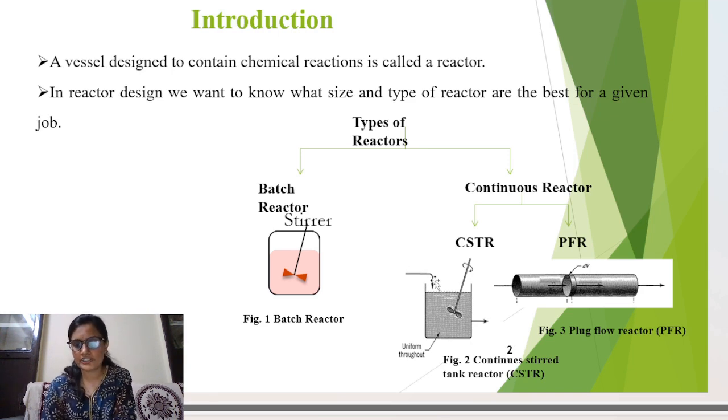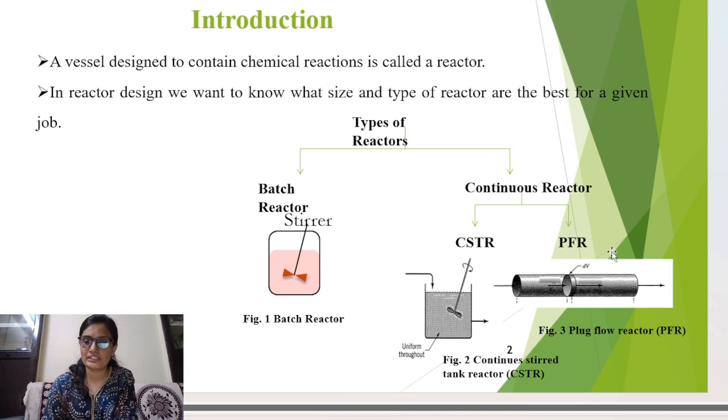When the molecules coming with the reactant come in contact with the agitator, mixing of the molecules takes place in random directions. So it has uniform mixing throughout the reactor. Whatever concentration of the product we get at the outlet of this reactor will be the same concentration at any point inside the reactor. So this is about the CSTR.